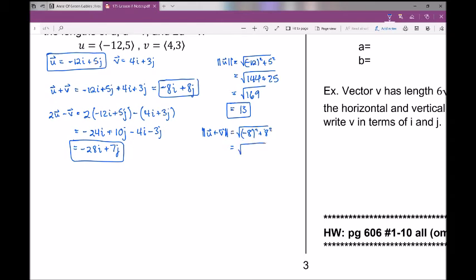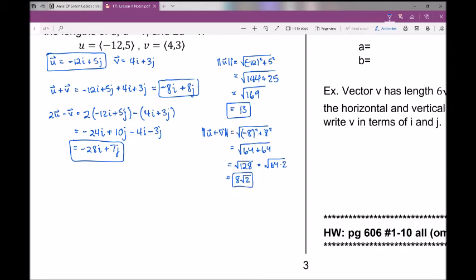So we have the square root of 64 plus 64, and this is the square root of 128, which is just 8 times the square root of 2. You can think about the square root of 128 as 64 times 2, and so we can take the square root of the 64 into an 8, but the 2 we can't square root.